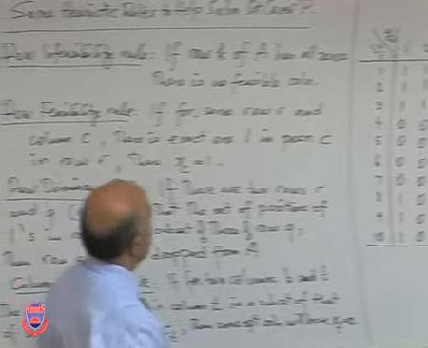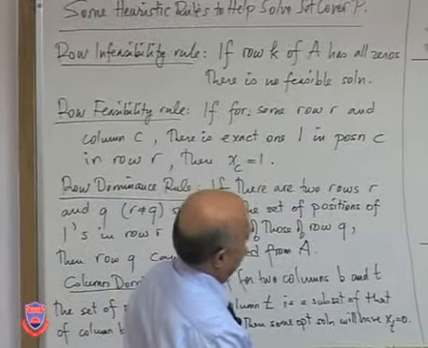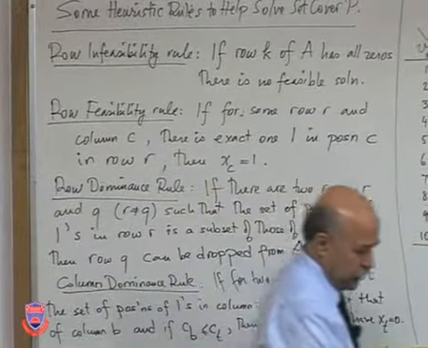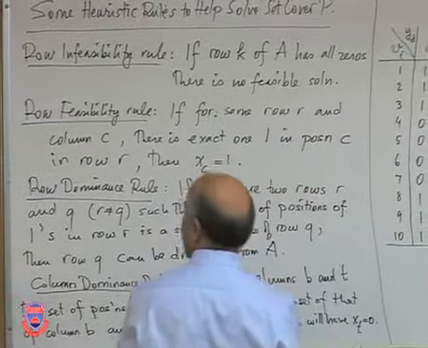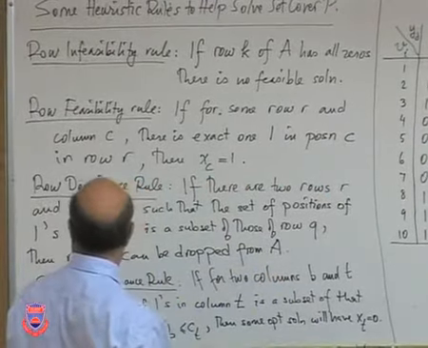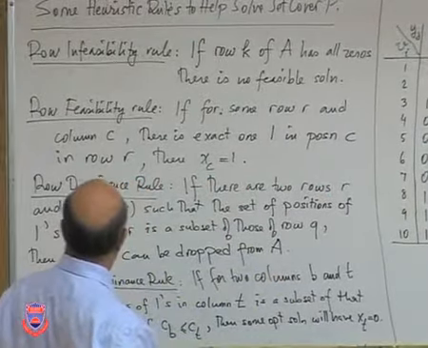Do we have any row infeasibility? No. Any row dominance?